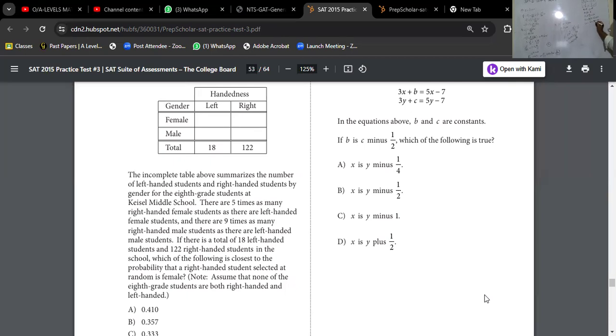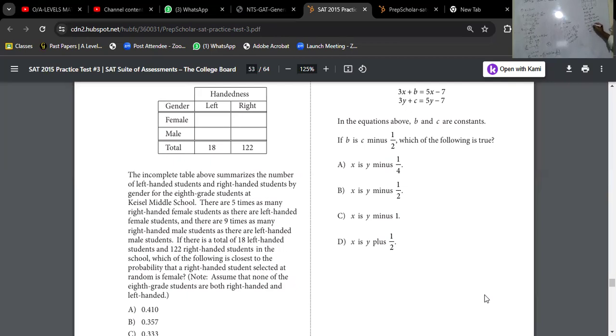So 5X minus 9X is minus 4X, that is equal to 122 minus 162. X is equal to 10.